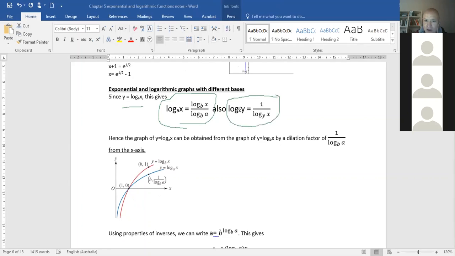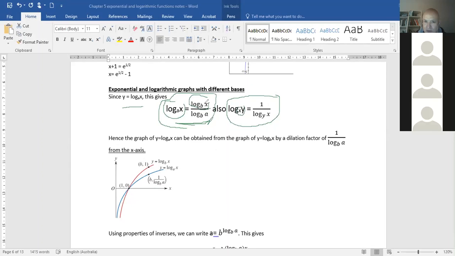And I'm just showing you about the reciprocal if you have a base. So if you've got a log base x of y, we can change these two around by doing the reciprocal. So it becomes 1 divided by log y of x. And that might be important in some things. So going back to this graph here, we can get log b of x, this graph, by doing a dilation factor of 1 divided by log b of a.